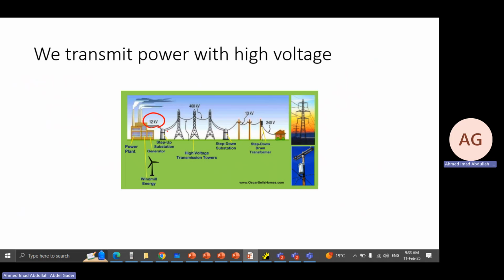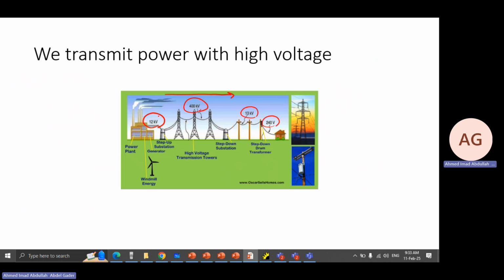And then before it's being sent through the long distance lines, it was stepped up to roughly 400,000 volts. And then before finally reaching our homes or entering our towns, it's stepped down to lower values.